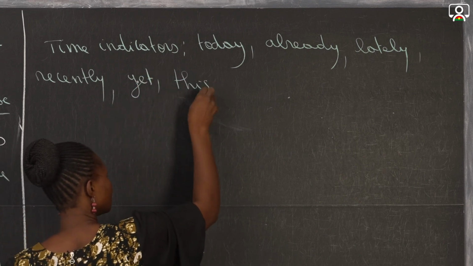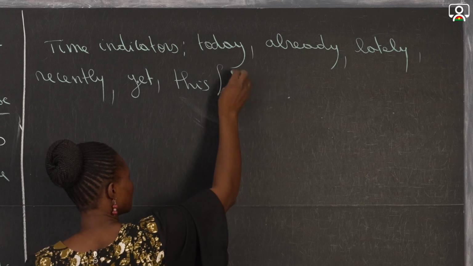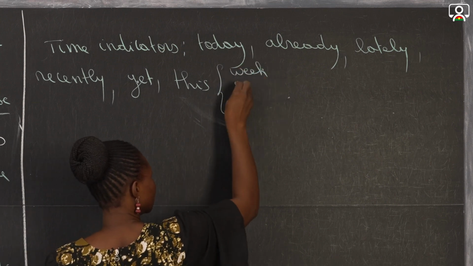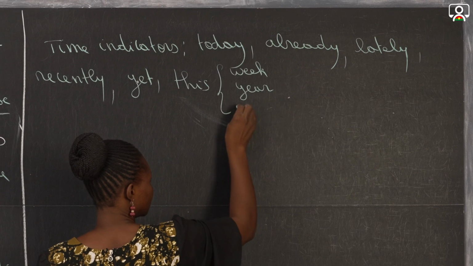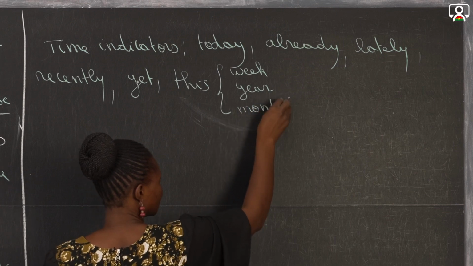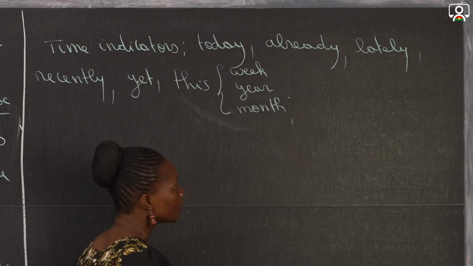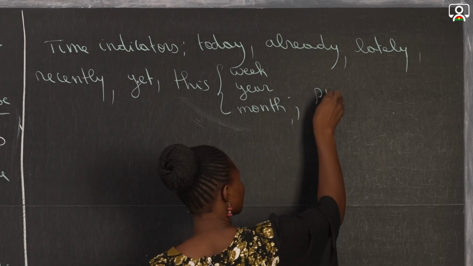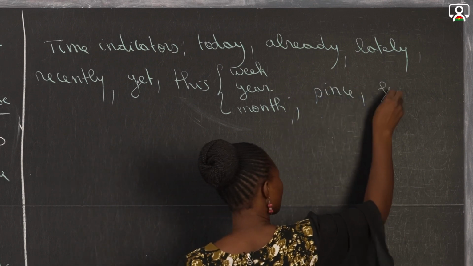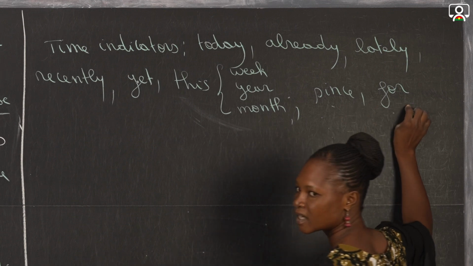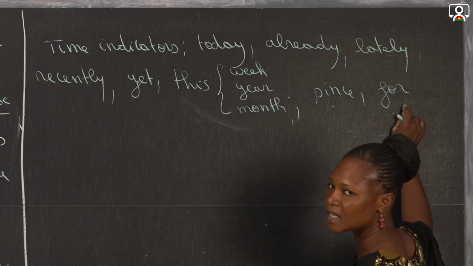You can have this, when I say this week, this year, this month. You can also use since and for, which can be translated into French by depuis.